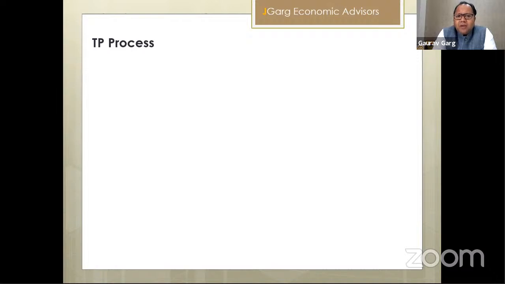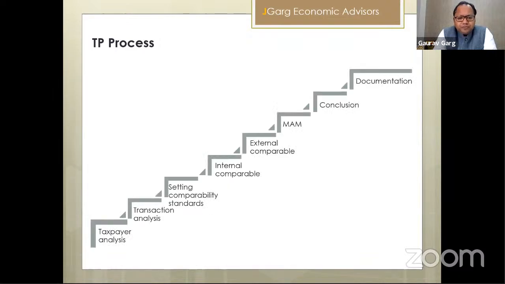But what I understand is that in most countries, transfer pricing is applicable primarily to international transactions, and very few countries have transfer pricing law for domestic transactions. But when your transaction falls within the purview of transfer pricing, what is the process that we follow? It's the 8-step process that I generally follow while doing the transfer pricing analysis and while documenting the same.